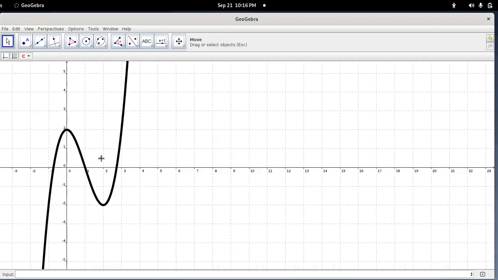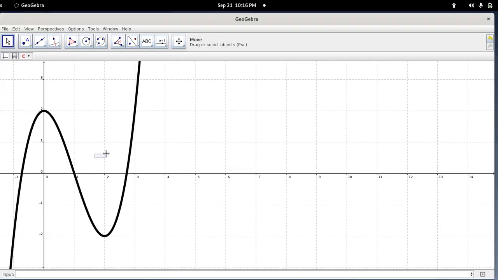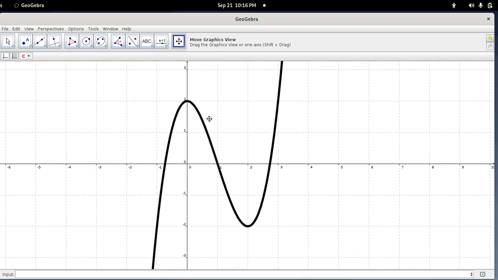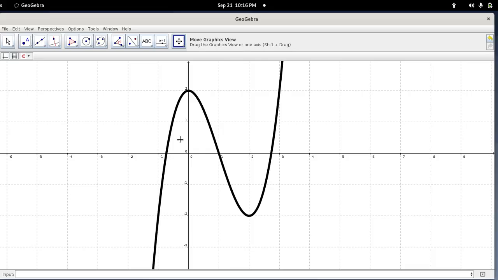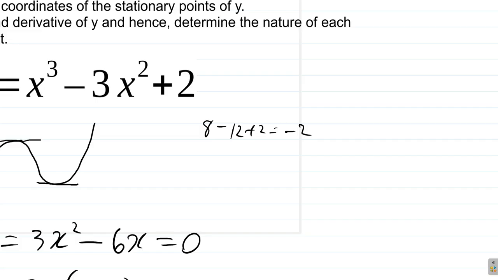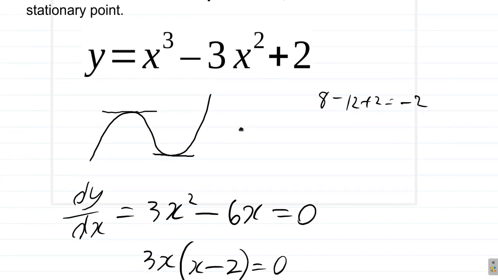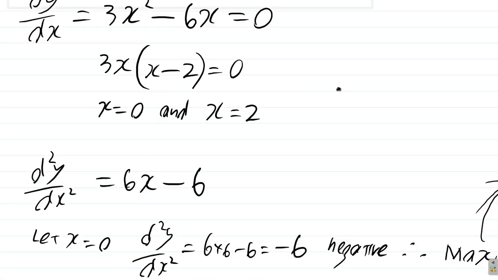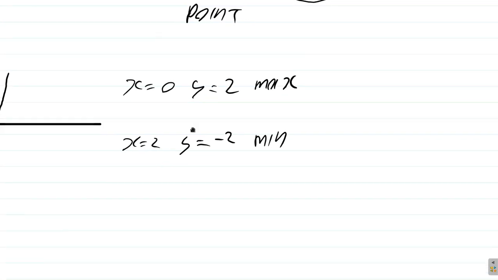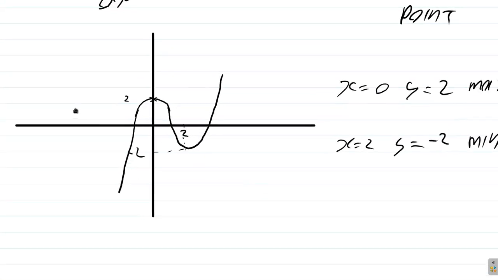So this is our function. You see it looks like the function that we had plotted. At 0, 2 we have a maximum, and at 2, negative 2 a minimum. So the graph would look like this.